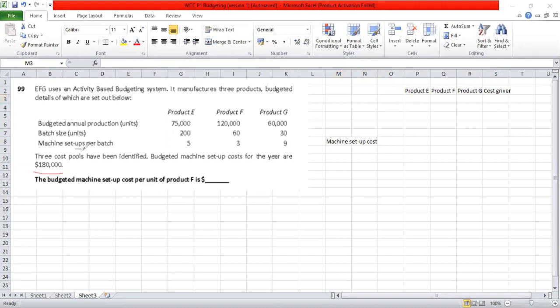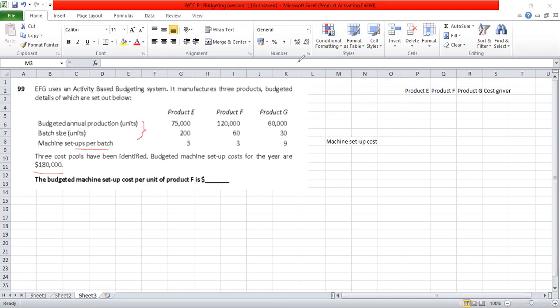The setups per batch is given. The number of setups per batch are 5, 3, and 9. But how many batches is not given. So we just have to work out with these two things. The total output is given, and each batch has a certain number of units.